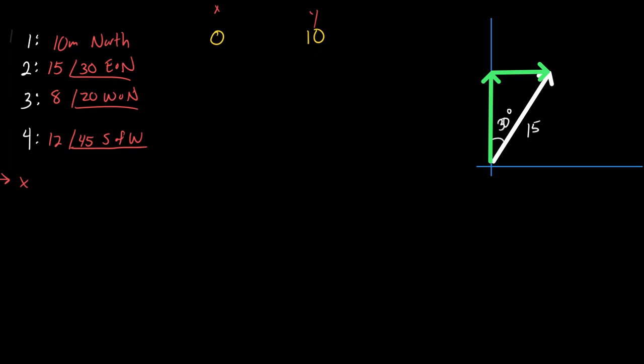I think I'd like to advance a few of the steps along, if that's okay. So this is going to be 15 sine 30, or 7.5. And this one is going to be 15 cosine 30. I don't know what that is, but I'm sure with a calculator I could figure it out. I got 12.99.